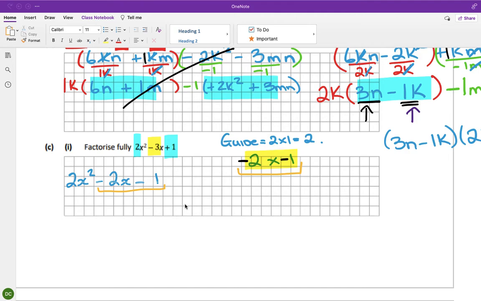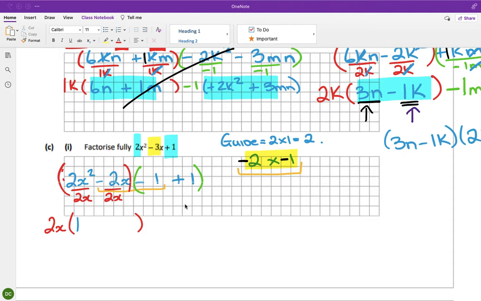Then same again, red brackets, green brackets. Right, so the common factor in the red bracket is 2x. So we will divide by 2x, divide by 2x, which will give us 1. 2 x's on the top and 1 on the bottom.